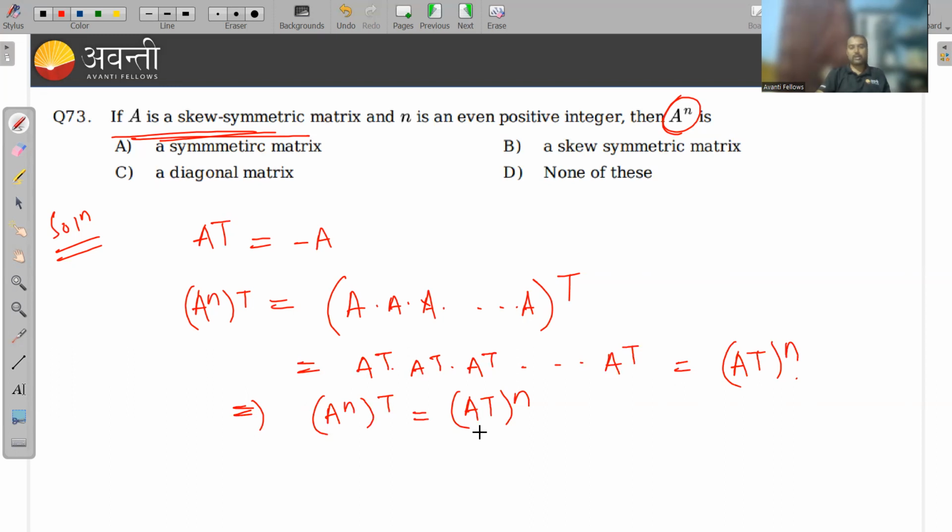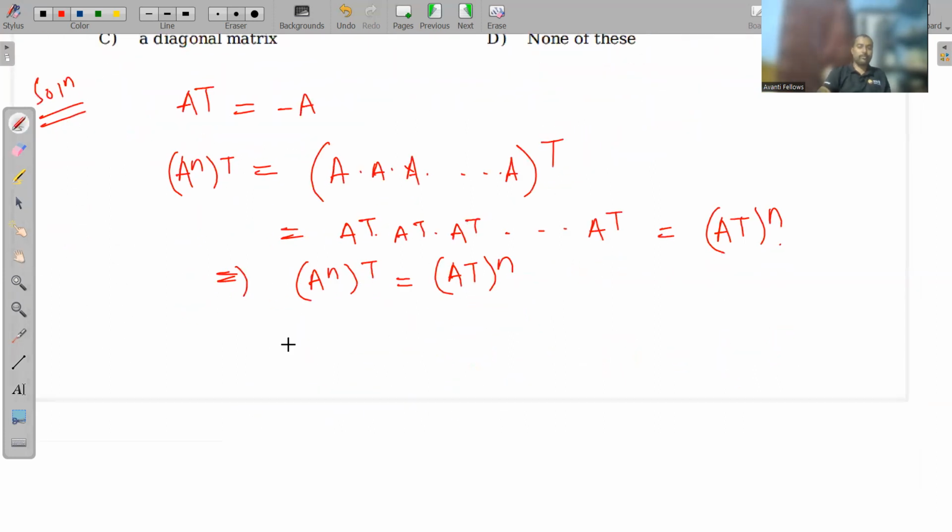Importantly, if you have minus A to the power n, A transpose to the power n, we can write this as minus 1 to the power n into A to the power n.